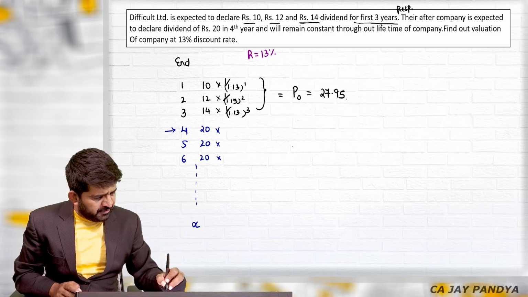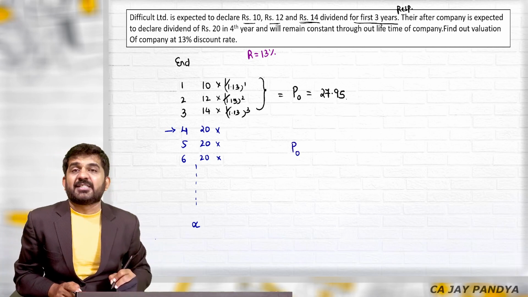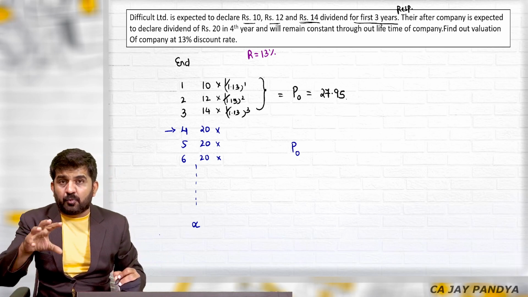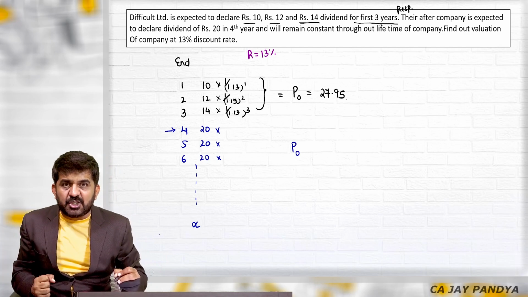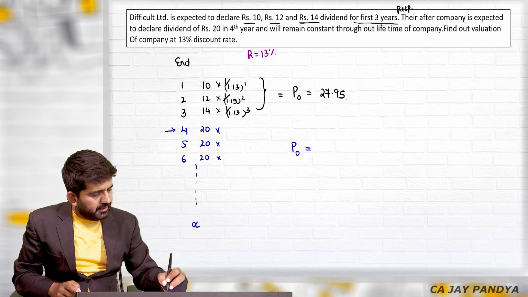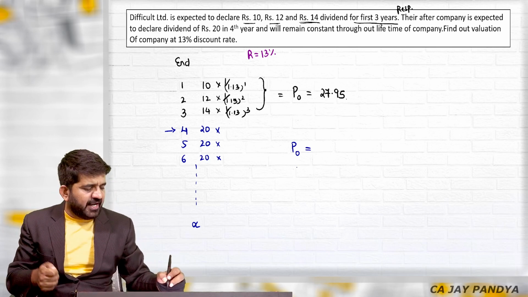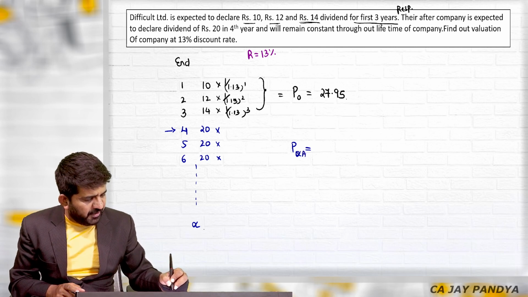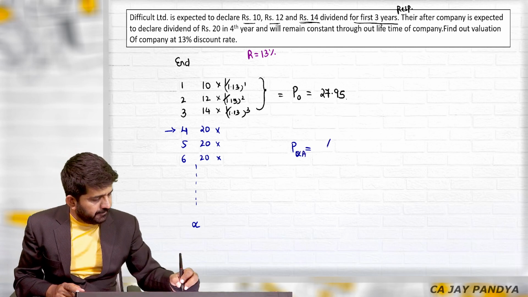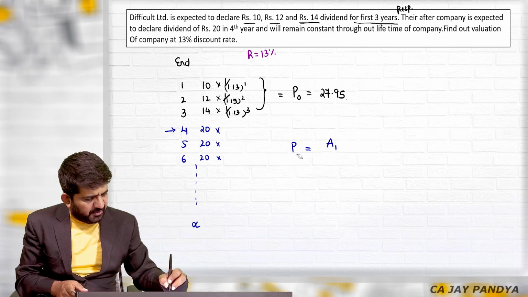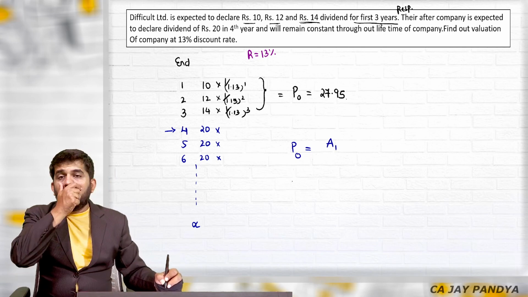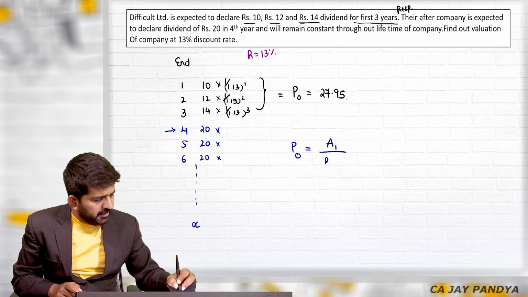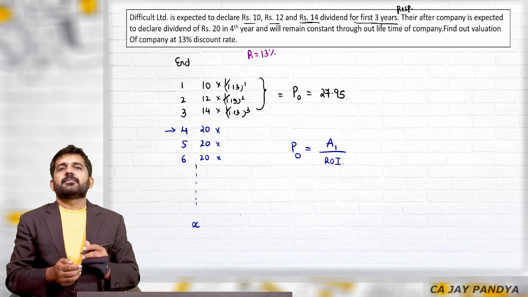See what is written: if you want to find out present value, that is, the value as on today at the end of 0 year, and if you are having infinite cash flow without growth, that is infinite cash flow of annuity, it is the amount after first year divided by rate of interest.